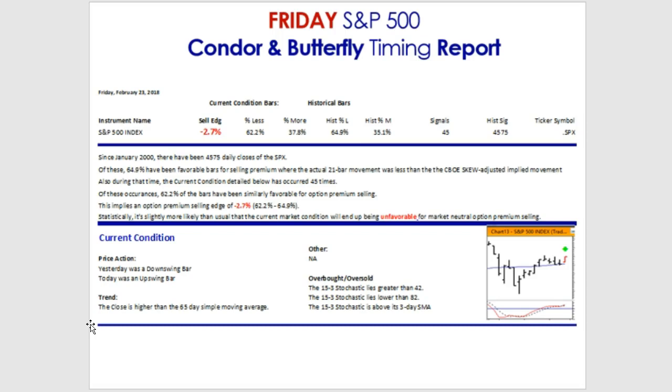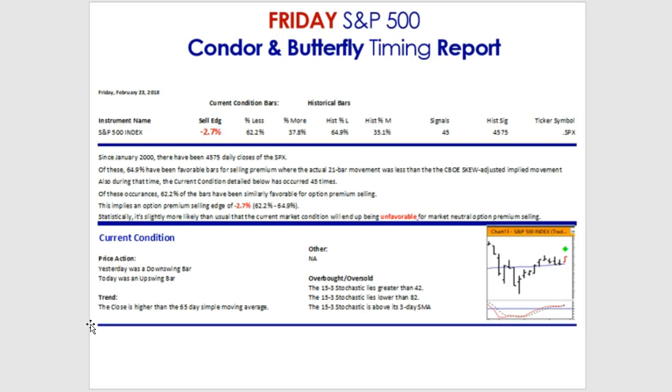So we technically have a selling edge that's negative, a negative edge. It's slightly more likely than usual that our current market condition will end up being an unfavorable one for market neutral option premium selling. Isn't that interesting? That's for the Condor Butterflies.